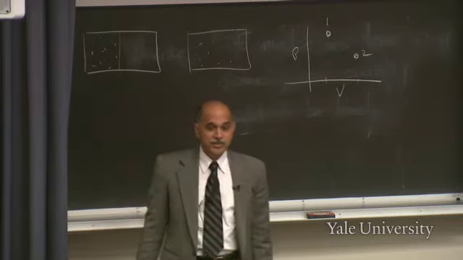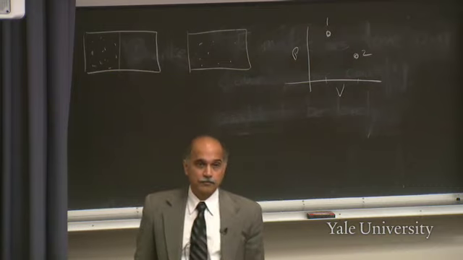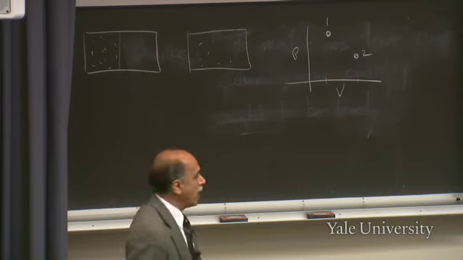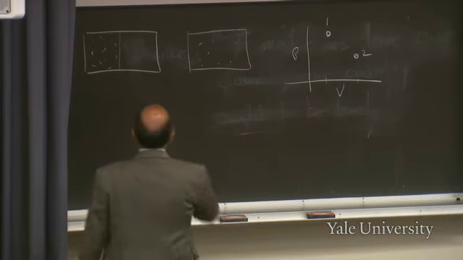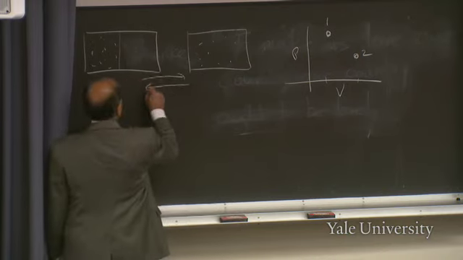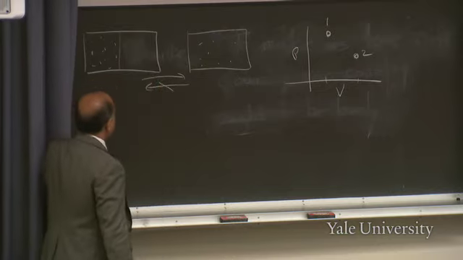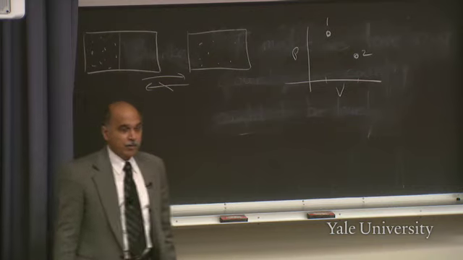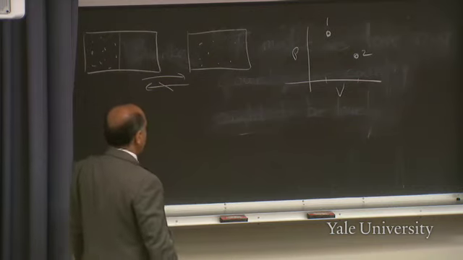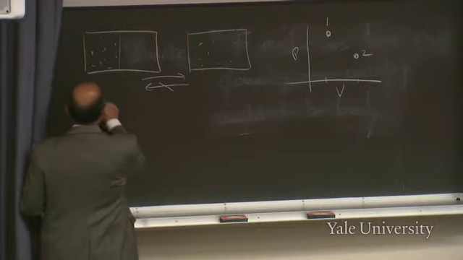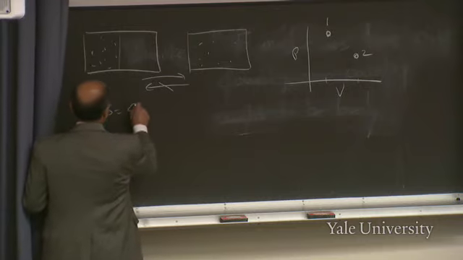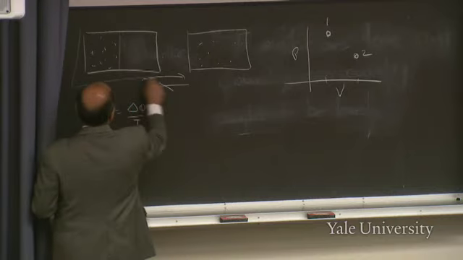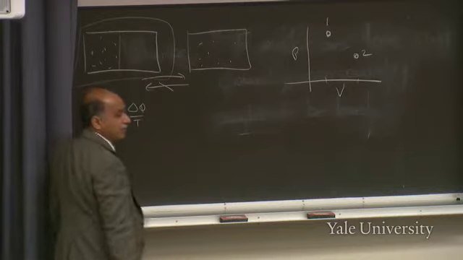What is the entropy change now? That's what I want to ask. What's the change in entropy here? Because I know that this is allowed, that is forbidden. So I want to ask, did the entropy go up? Now, how do we do the entropy calculation? Here's a wrong way to do the calculation. You go back and say delta S is delta Q over T. But this whole box, I forgot to mention, I'm sorry, this whole box is thermally isolated.